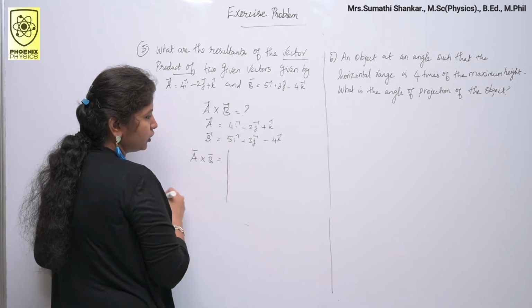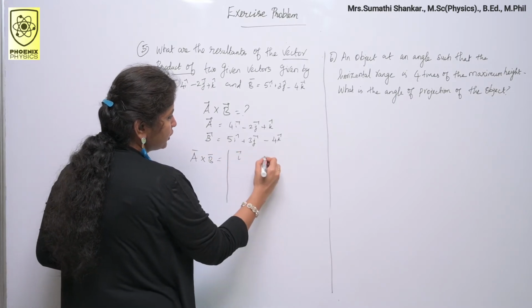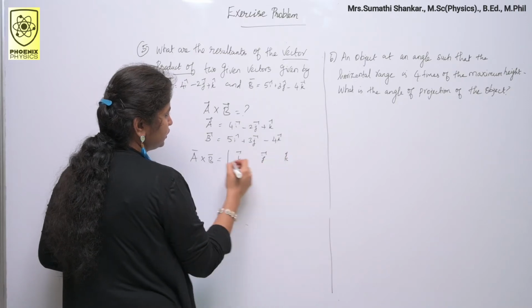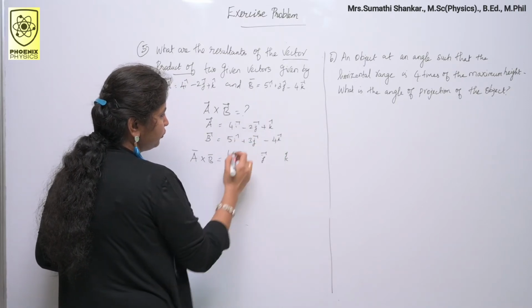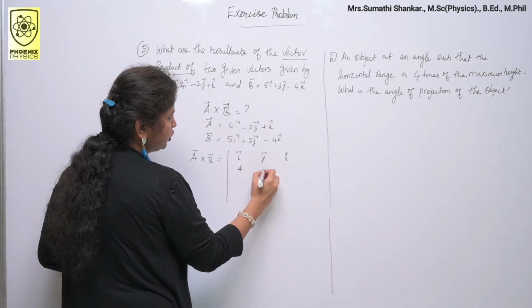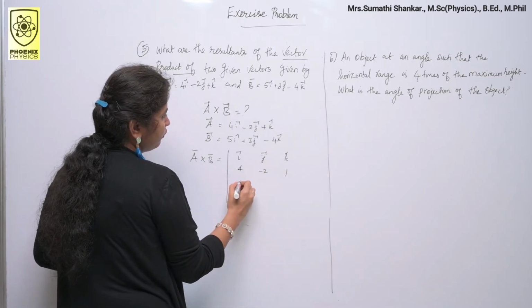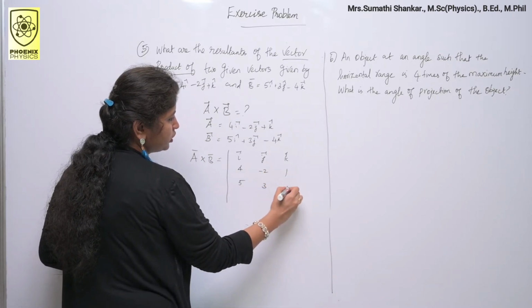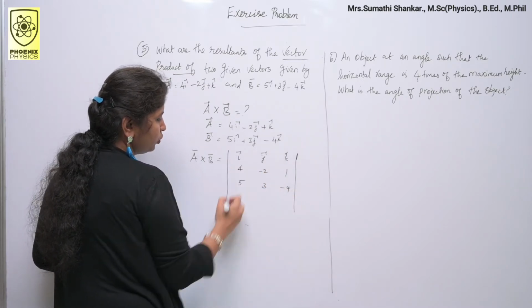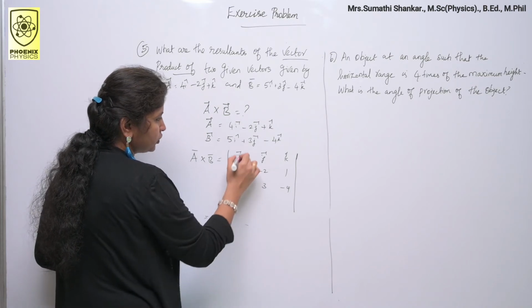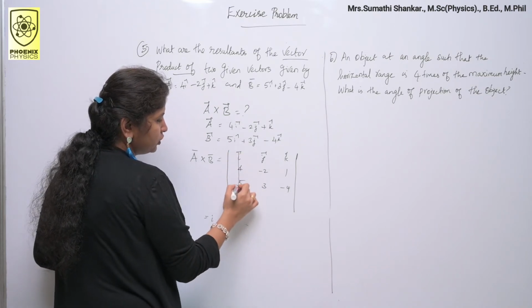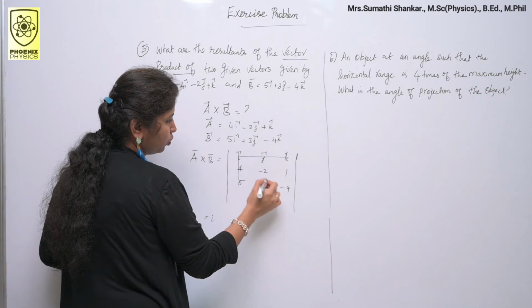How do you find out A cross B? First you write i vector, j vector, then k vector. Then you write the coefficients, that is 4, minus 2, 1, 5, 3, minus 4. How do you find out i vector? For i vector, leave this column, leave this row.